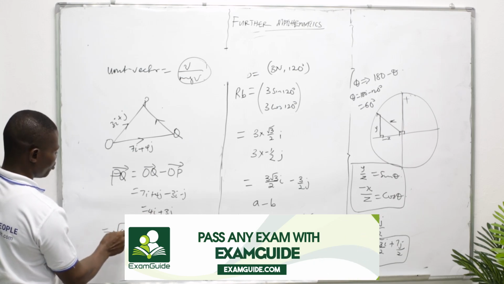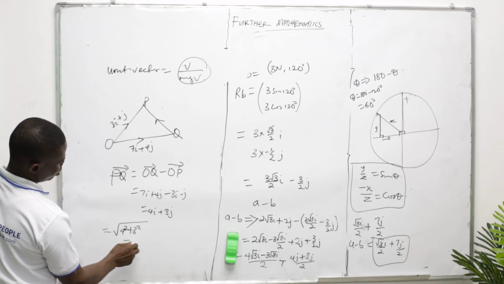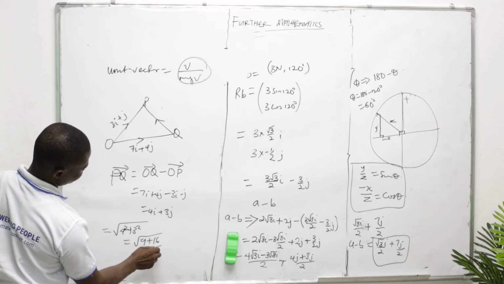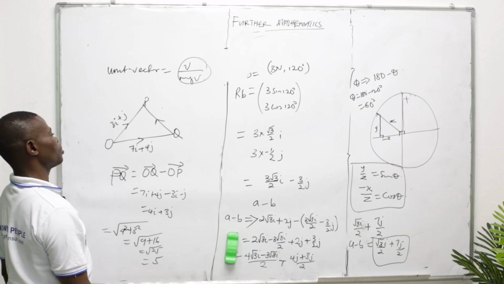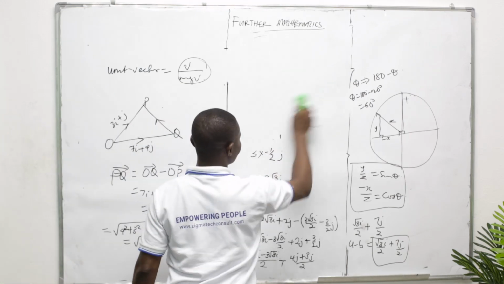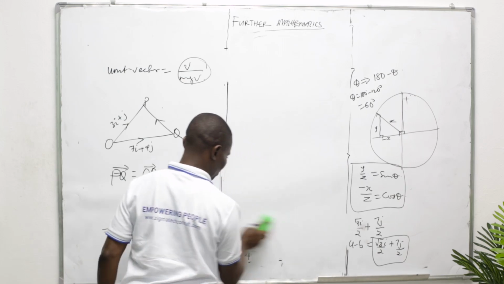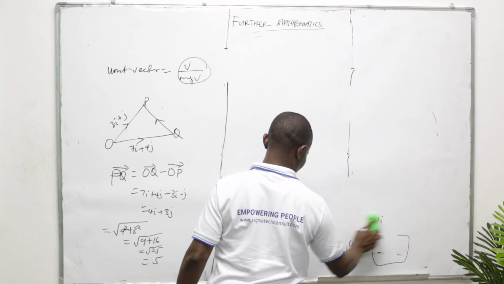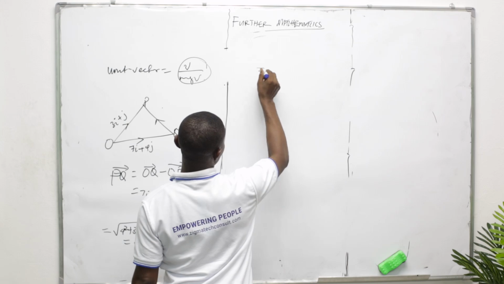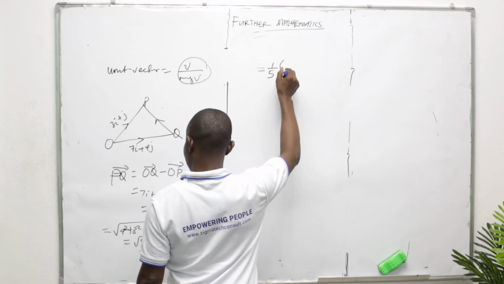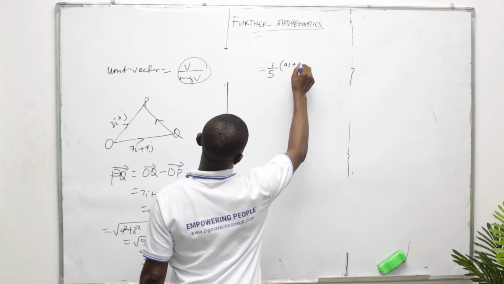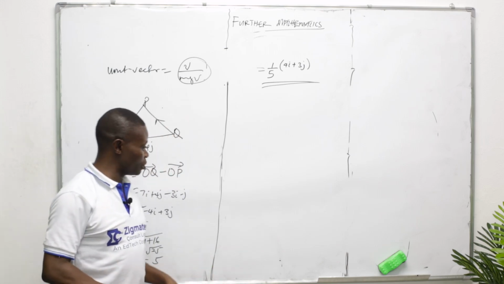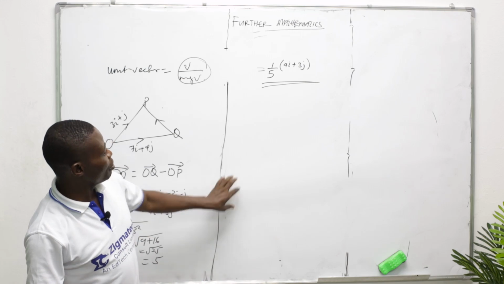Magnitude equals square root of 4 squared plus 3 squared. This is 16 plus 9, that's 25. Square root of 25 equals 5. So the unit vector now implies 1 all over 5 multiplied by 4I plus 3J.